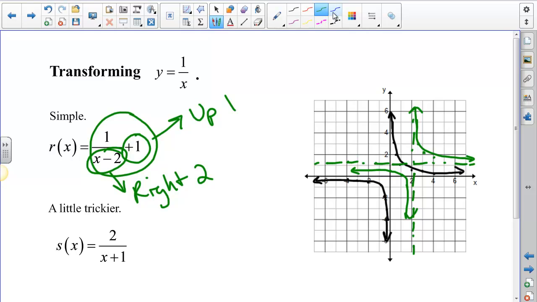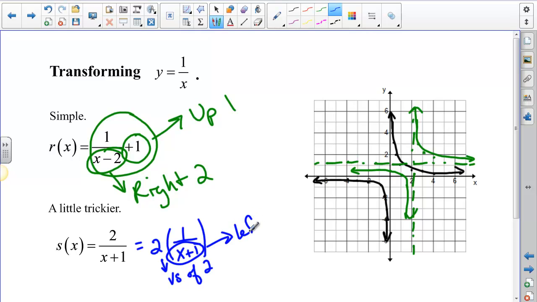This next graph, s of x, is 2 times x plus 1. And we can rewrite this as 2 times 1 over x plus 1. Now, the 2 is actually going to be a vertical stretch because it's outside the function. It's a vertical stretch of 2. And this x plus 1 is going to be left 1.